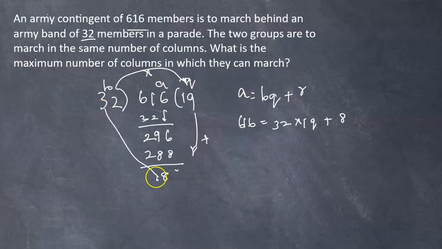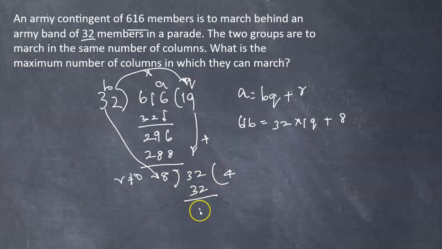Now 32 comes down here since this r is not equal to 0. 8, 32. 32 becomes the dividend. So 8 4 times 32, 0. So we got r as 0. So the divisor with which we got r as 0 will be the HCF.